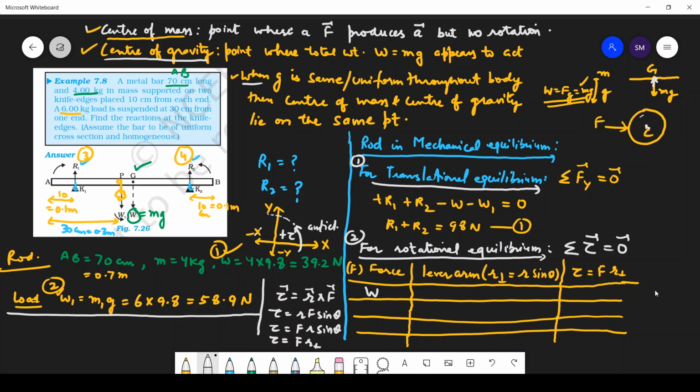See, you have a choice. You can take the moments about any point, about A, about G, about B. You will get the same answer where the rod is rotating. Okay, so let us take G here.